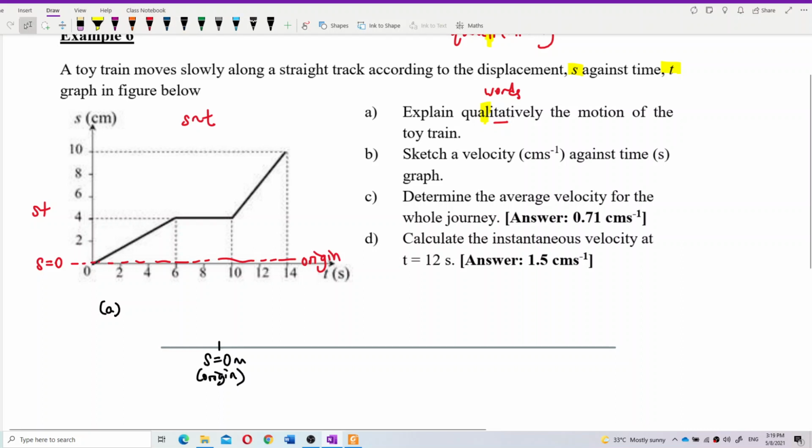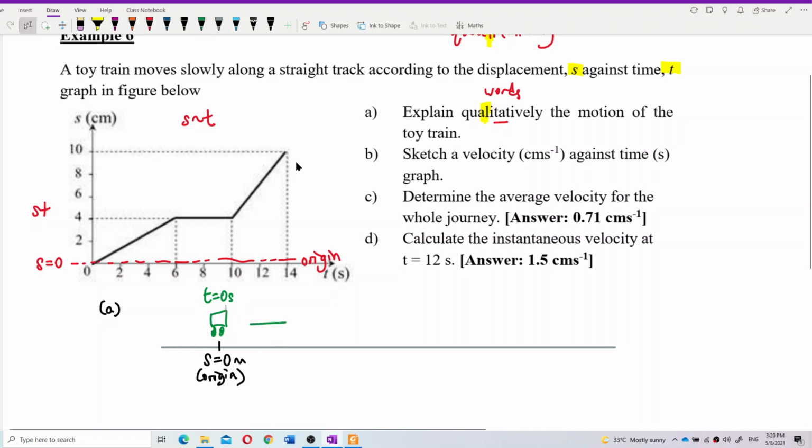So here you get a positive displacement. You move up to 10 meter. That means the train originally is over here. It starts from the origin. So at 0 second, it starts from the origin, and then it moves up to 10 meter.